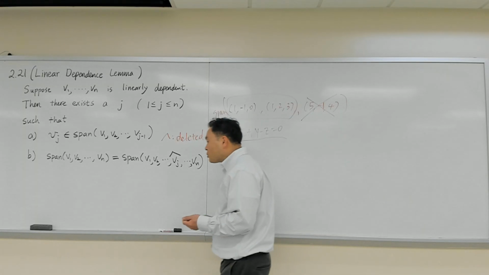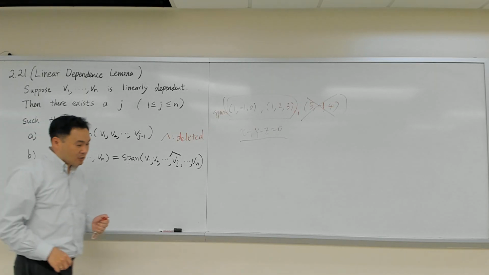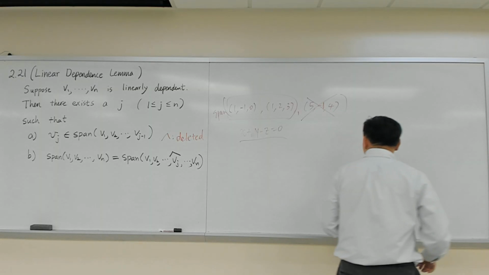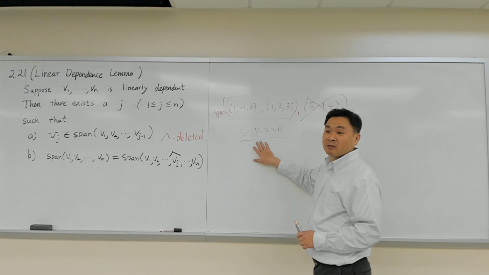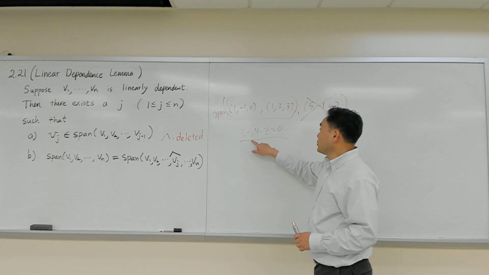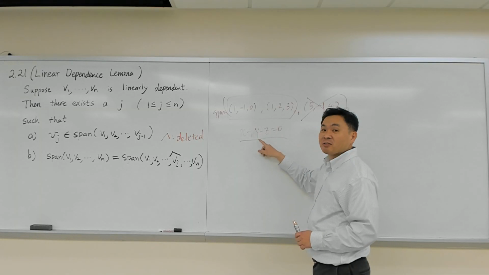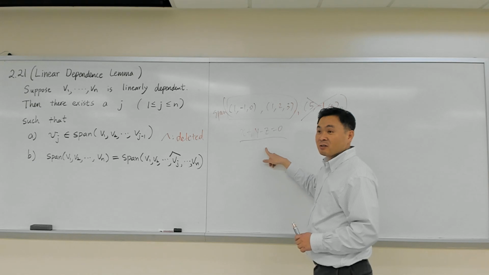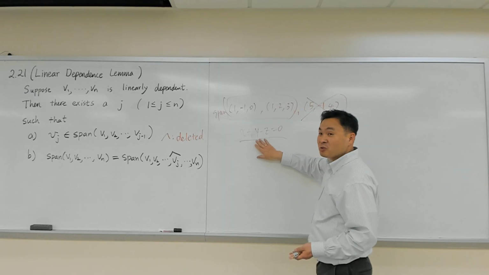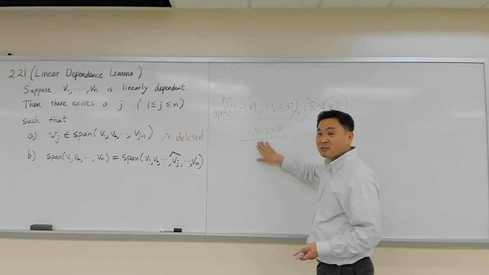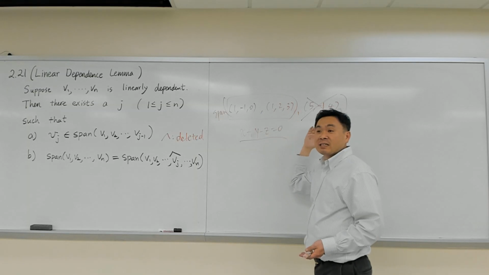Why are we interested in this? Well, we're interested in such a lemma because what we're really interested in is finding the basis for any given vector space. So we have a vector space, and we want to find some basis for it. How do you find a basis? You find vectors included in this space that will span every element in here. But sometimes you might end up choosing too many.